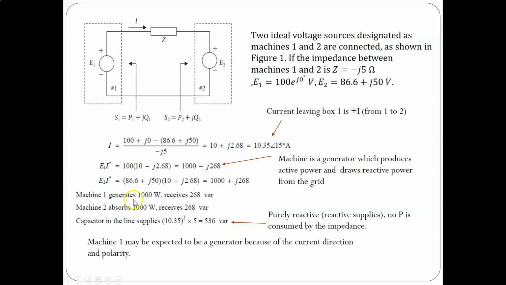As you can see, machine 1 generates 1000 watt and receives 268 var. Machine 2 absorbs 1000 watt and receives 268 var. And the impedance is purely reactive, so no P is consumed by the impedance. Machine 1 may be expected to be a generator because of the current direction and polarity, but you always have to check when you are calculating the power.